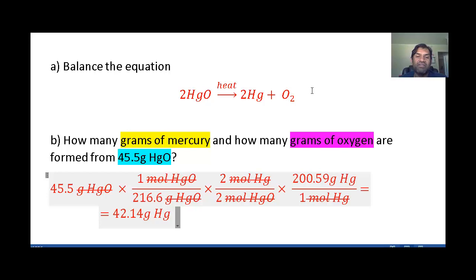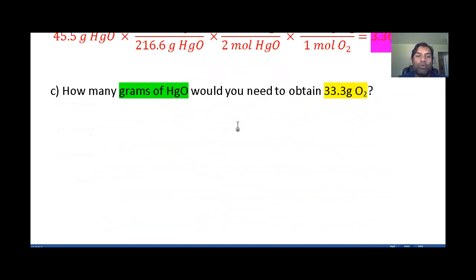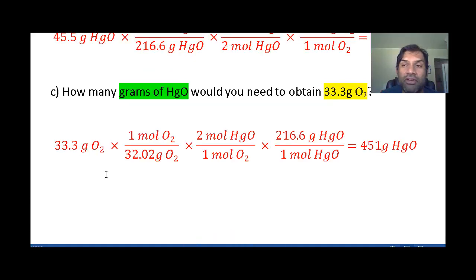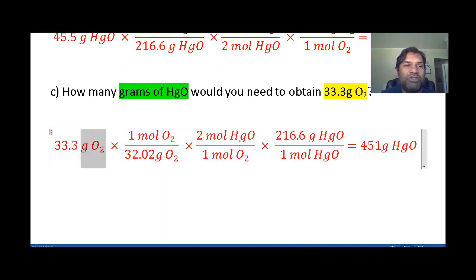So let's go ahead and solve this problem. It's worth noting that we're doing this by balancing the chemical equation. If we don't balance the chemical equation, this whole problem will be computationally incorrect. So 33.3 grams of O2 is the starting amount. Let's go ahead and convert it to moles, which, as I mentioned before, is a good way to start off many of these stoichiometric problems.